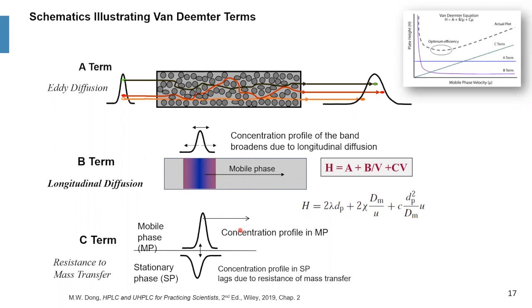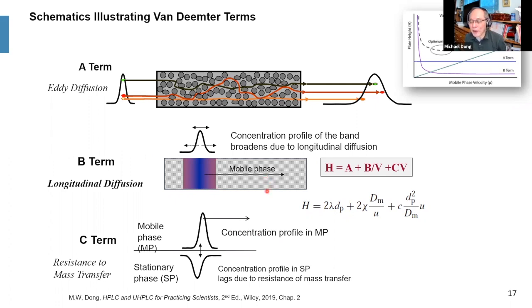So if your flow rate is too low, the natural diffusion would kill you, meaning that you spend all the money to separate into a sharp peak. If you leave the band in the column for too long, you have natural diffusion going against you. So you don't want to use a flow rate which is too slow.